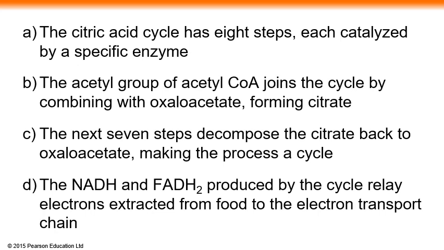The next 7 steps decompose the citrate back to oxaloacetate, making the process a cycle. That's why we call it a cycle. And the NADH and FADH2 produced by the cycle relay electrons extracted from food to the electron transport chain.